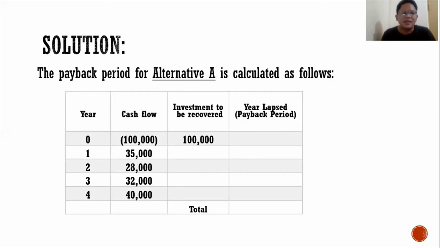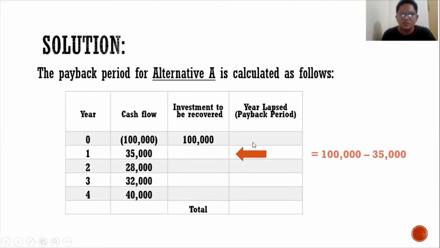Here comes year 1. Our expected cash flow is 35,000. Therefore the investment to be recovered in year 1 is the previous year's investment to be recovered, which is 100,000, minus this year's cash flow of 35,000.